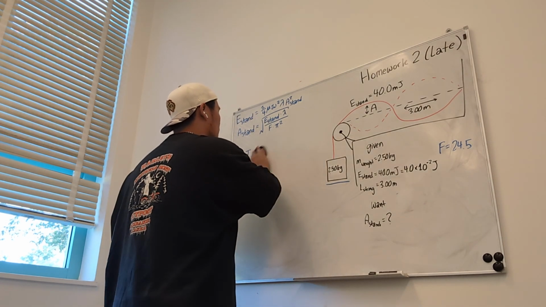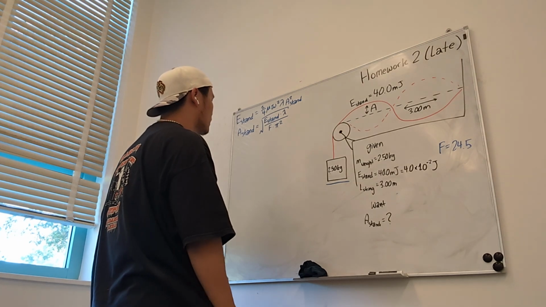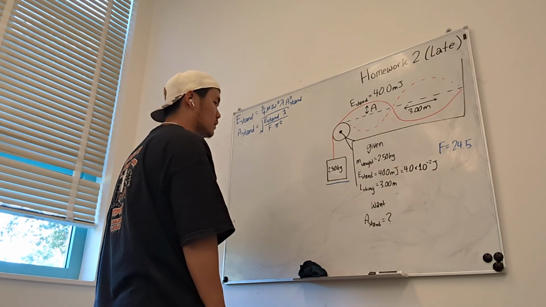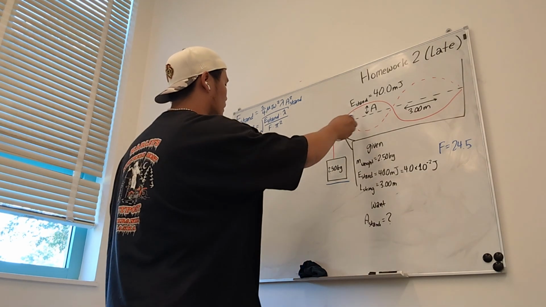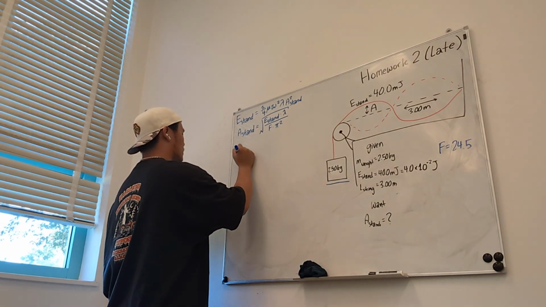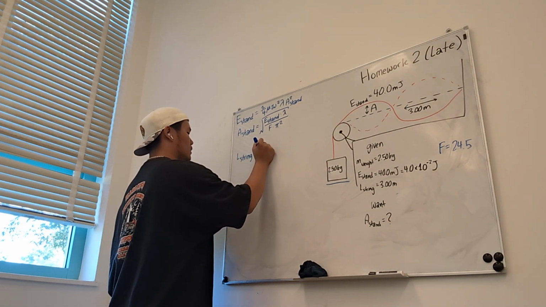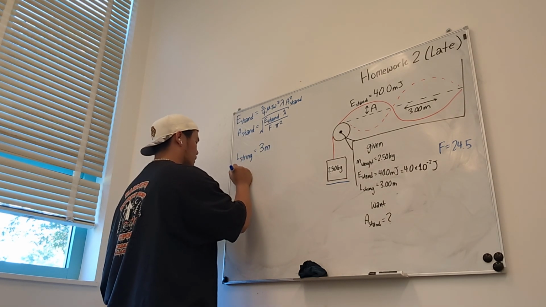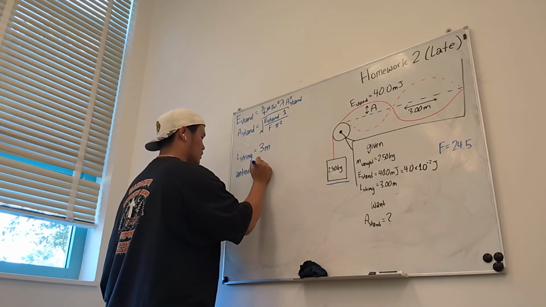So, last term we have to figure out is our wavelength. So what do we do to get wavelength? Well, consider we know that the length of the string that creates the wavelength is given to us as 3 meters. We also know that there are antinodes. There's 2 of them.